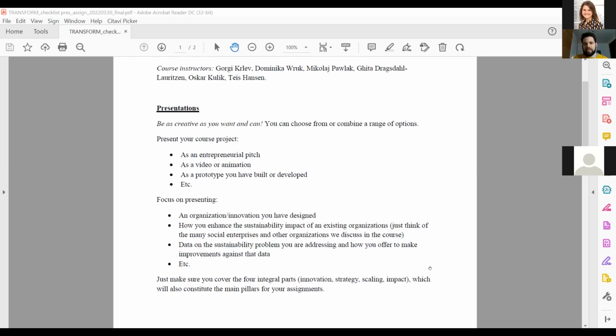So we just give you maximum freedom as long as we see you have a major investment in this. And the main thing is that you're working on the innovation part, the strategy part, the scaling part, and the impact part of your course project.